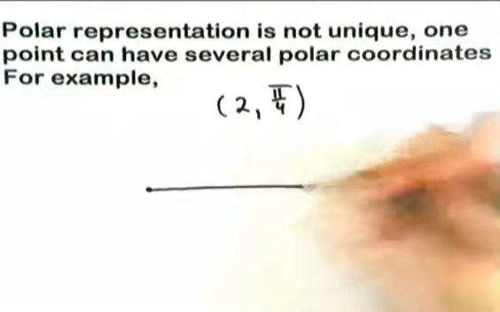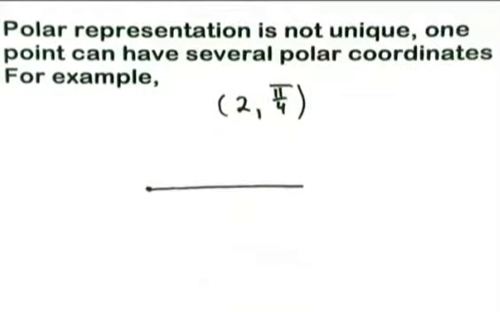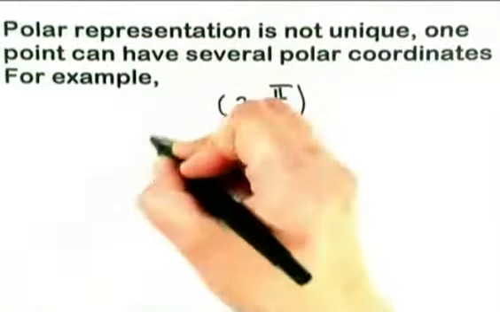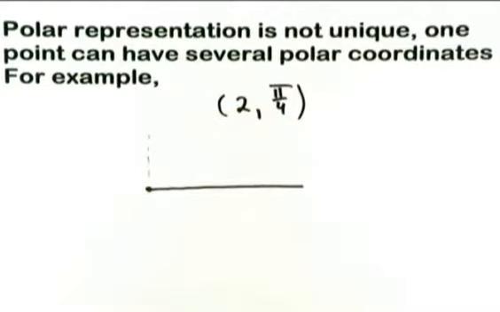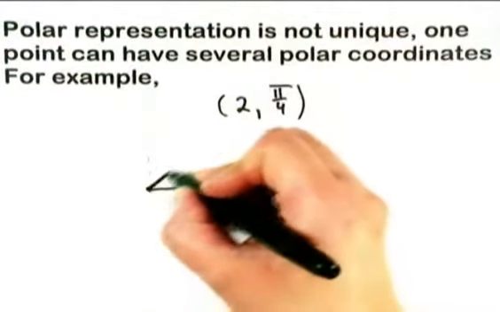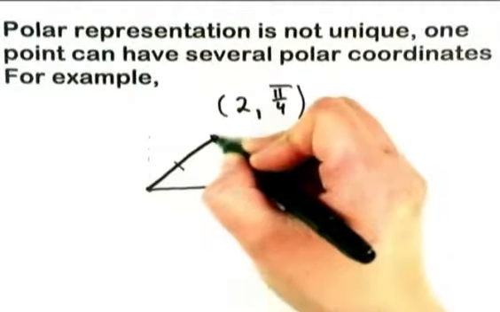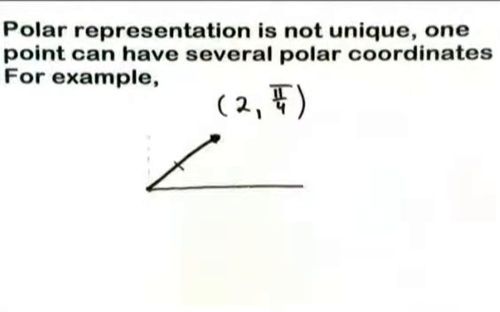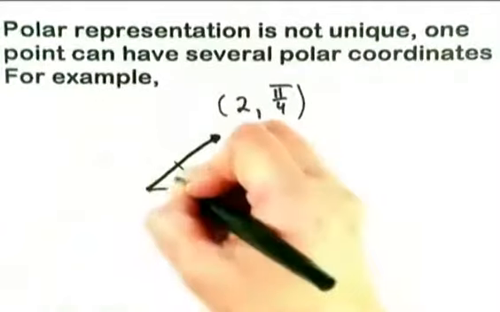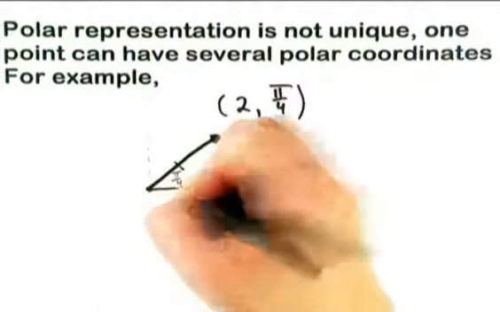So here is my point, 45 degrees, 90 degrees. We can write that this is 45 degrees, and we would have 1 and 2. So here is that point, at 45 degrees, pi over 4.